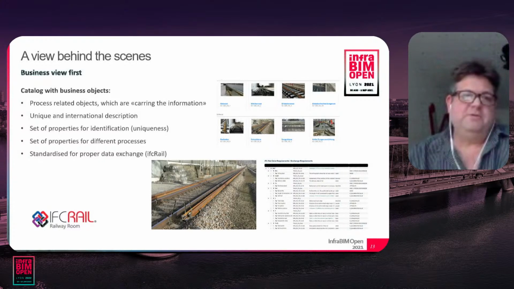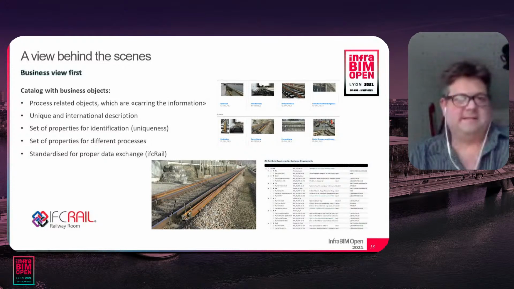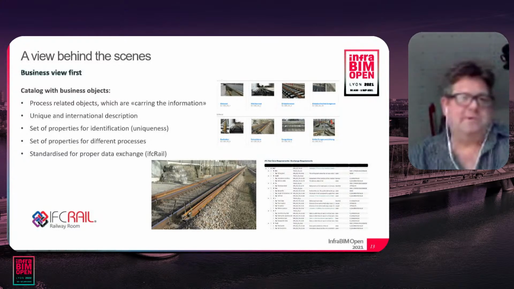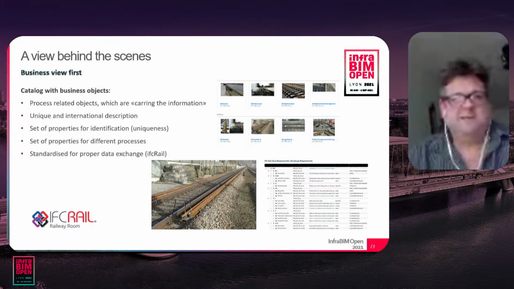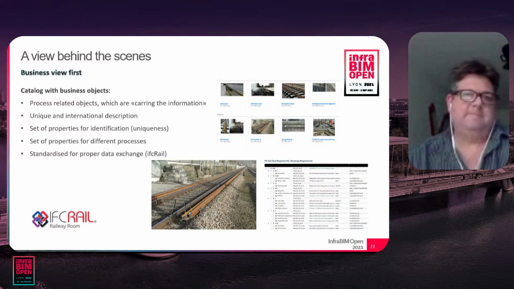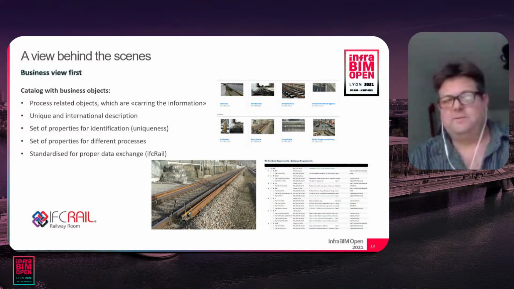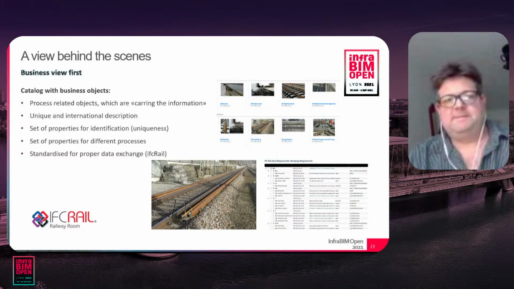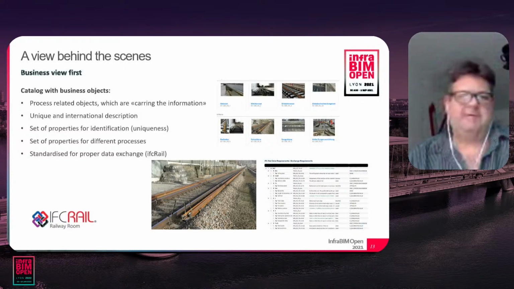The objects have to be unique and with an international description. So that's the base for an exchange to work, especially so that all these containers can be exchanged between the systems without errors. There are some properties for identification to guarantee the uniqueness of an object. Then there is a set of properties for all the different processes in which this object will be needed, and as well standardized for a proper data exchange.